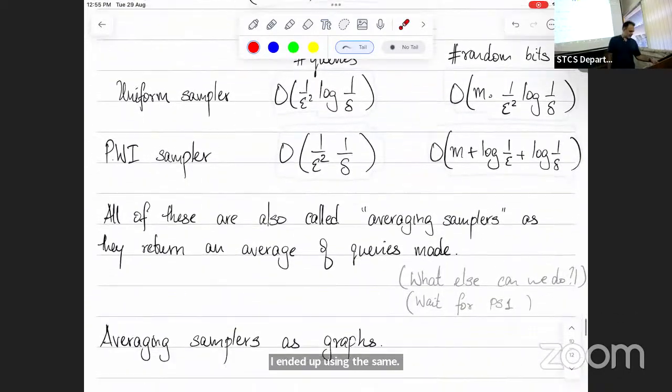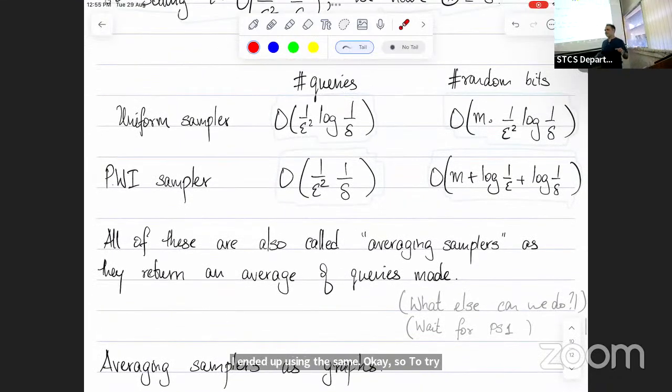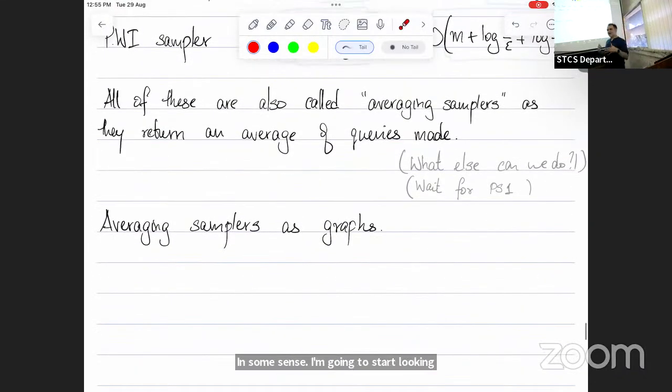Okay, so to try and segue into the next module, I'm going to try and abstract out samplers as just graphs and get a sense of whether k greater than 2 independence helps, and maybe we'll get good bounds.